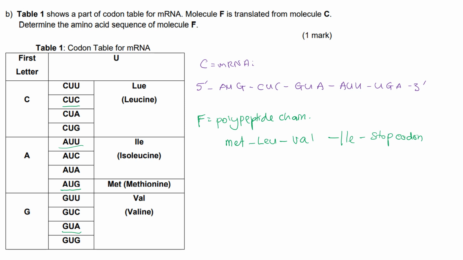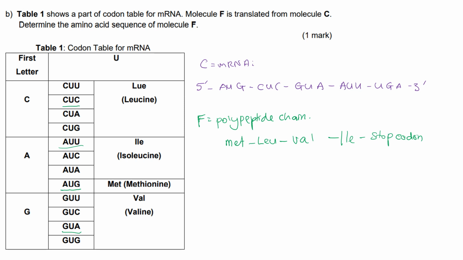For question B, it gives you table 1, which is a portion of the codon table for mRNA. So from this table, you have to use the information to determine the amino acid sequence of molecule F. Molecule F is a polypeptide chain.